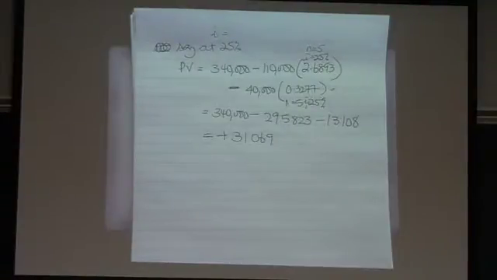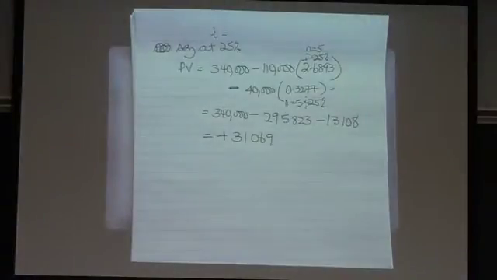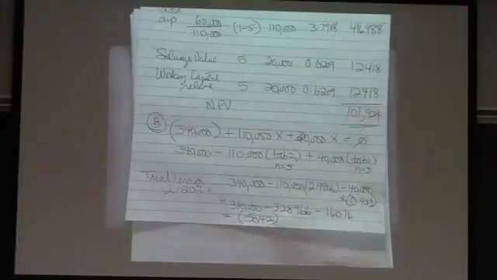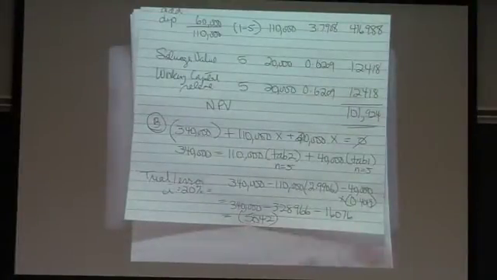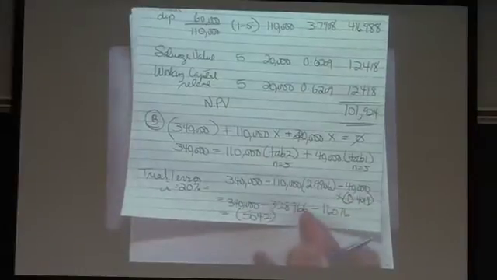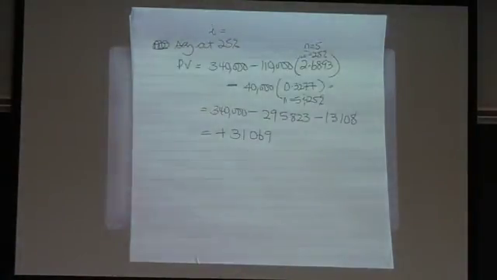And the reason why I picked 25 is because I first picked 20, and you'll see that 20 gave me a negative. That means that the present value factor is too high. So for me to lessen the present value factor, I need to go with a higher interest rate. So this is called interpolation.